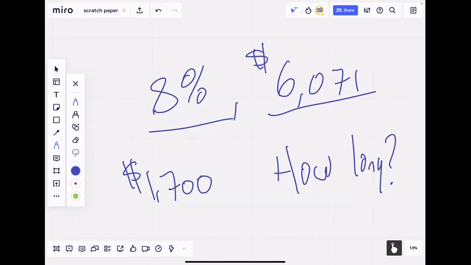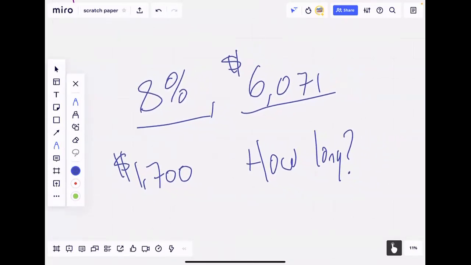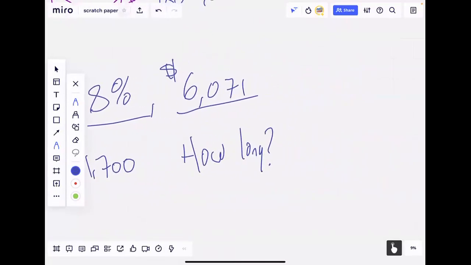So what do you think your first step would be in this situation? 8% interest on 6,071 principal. So figuring out what 8% of those is. That's perfect. So that would be step one.